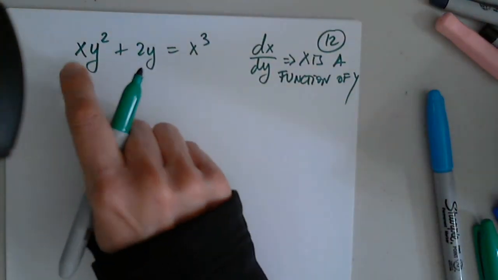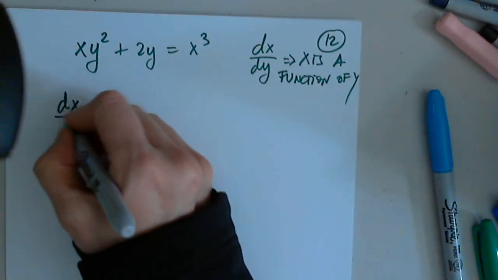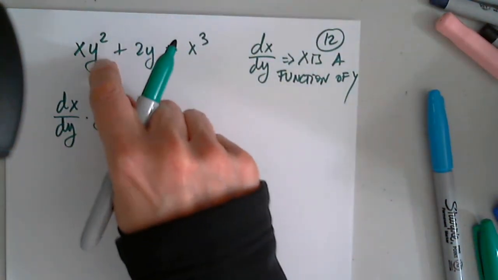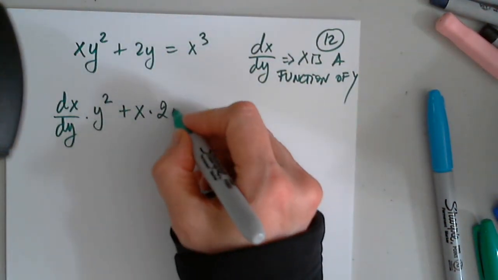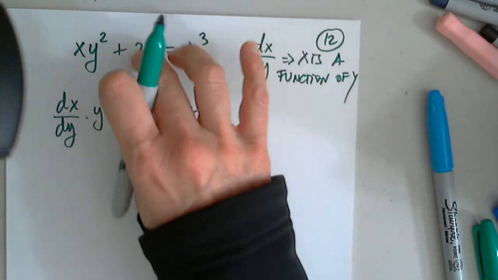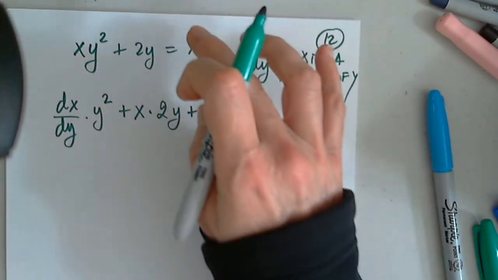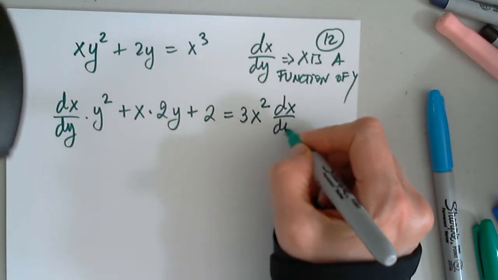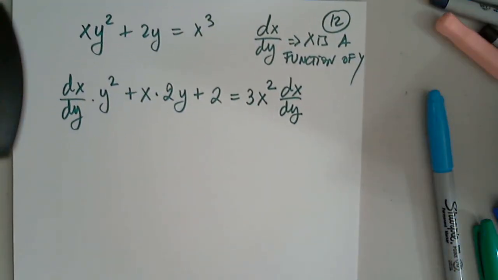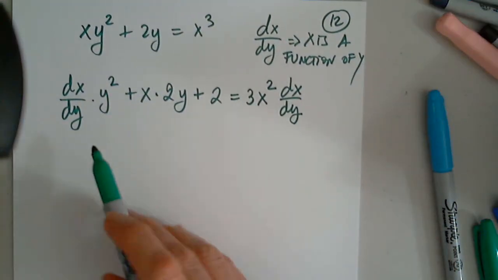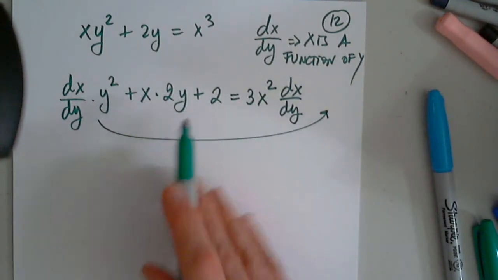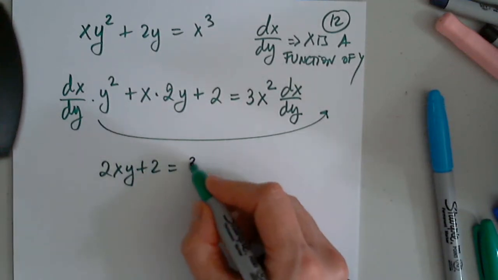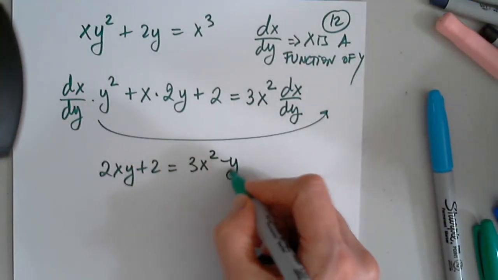So now x is the function, so when I differentiate x, I get dx over dy times y squared plus x times the variable prime: 2y plus the variable prime, which is 2, equals x cubed prime, which is 3x squared dx over dy. I can be asked any combo. So then I'm going to bring this here. So these two are 2xy plus 2 equals 3x squared, but minus y squared.